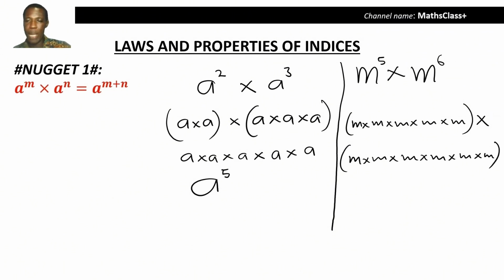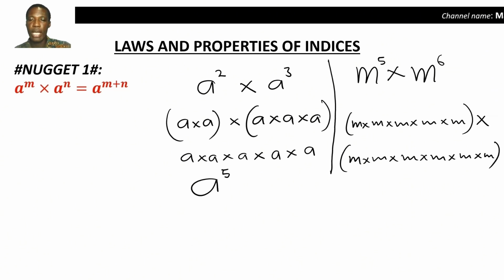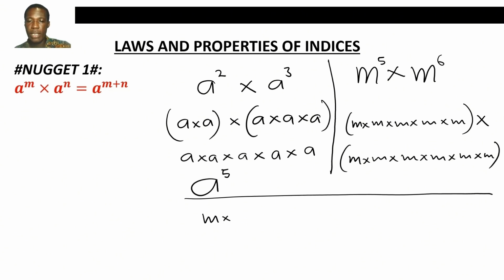So when I expand, when I open the bracket, what I'm going to get is m multiplying itself the number of times in the first set together with the number of times in the second set.